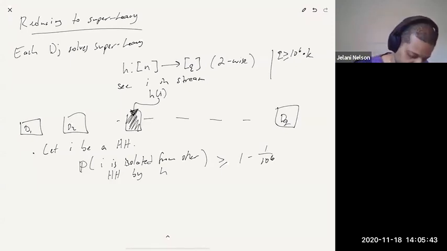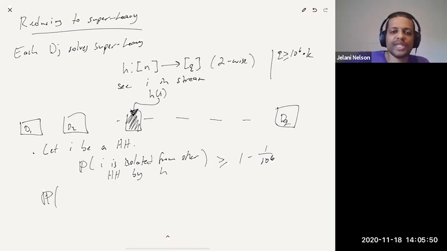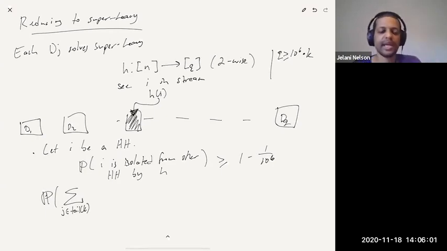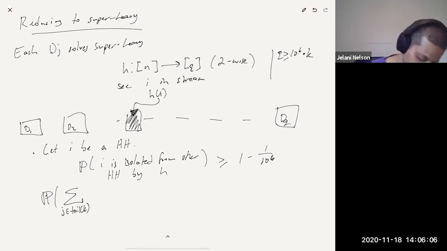So now, what's the probability that, let's look at the L2 squared mass from the non-heavy hitters. So what's the probability of the sum over j in tail k, meaning not the heavy hitters, not in the top k, of x_j squared?